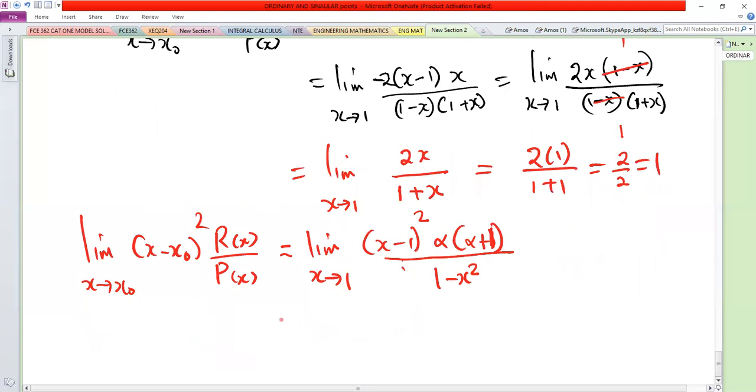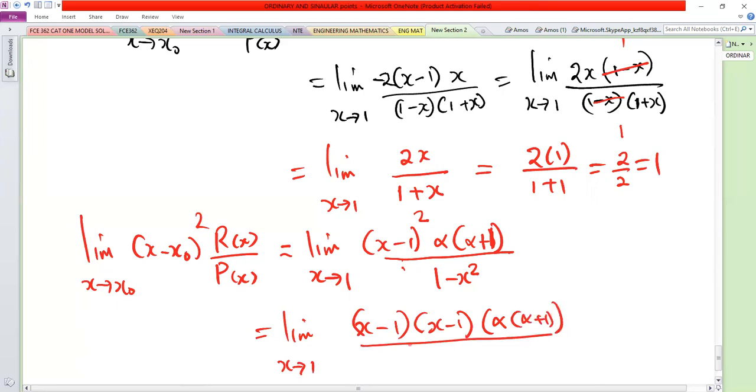So this will be the limit as x approaches 1 of (x minus 1)(x minus 1) alpha times (alpha plus 1) divided by (1 minus x)(1 plus x).